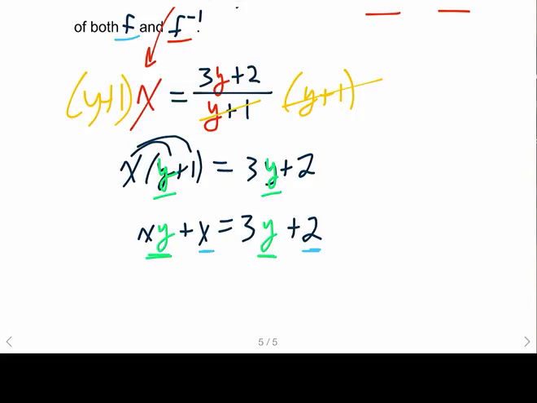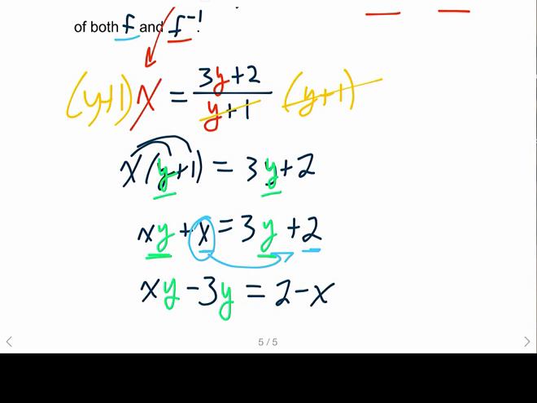So to get all the occurrences of y on the same side, I'm going to subtract 3y from both sides. That's going to give me xy minus 3y. And then likewise, I want to get all of the non-y's on the other side together, which means I'm going to subtract x from both sides. So I'm going to end up with xy minus 3y is equal to 2 minus x.